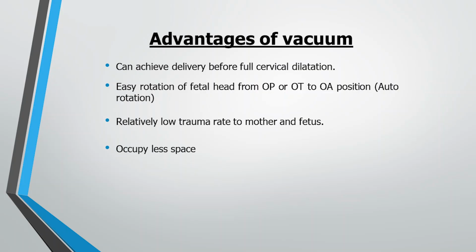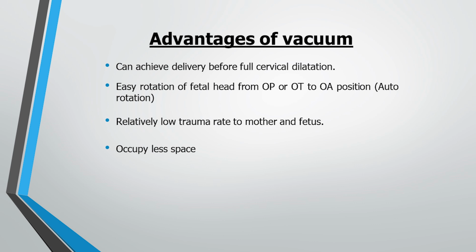What are the advantages of a vacuum? It can achieve delivery before full cervical dilatation. It can effect rotation of the fetal head from the occipito-posterior position or occipito-transverse position to the occipito-anterior position.